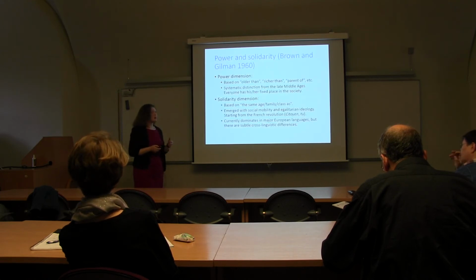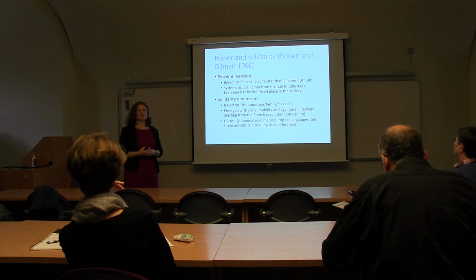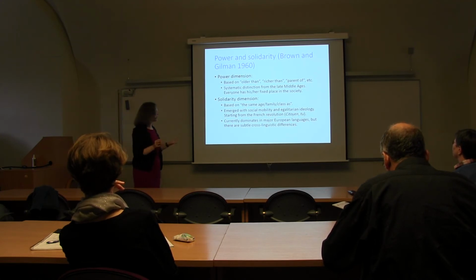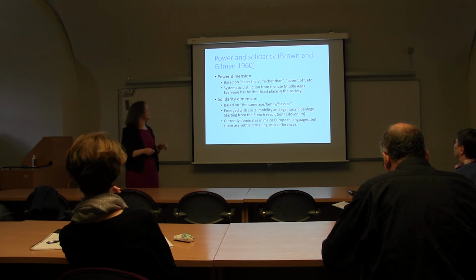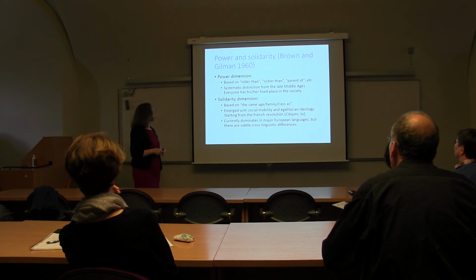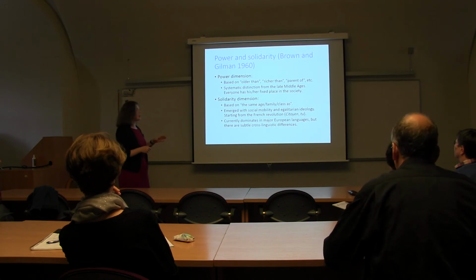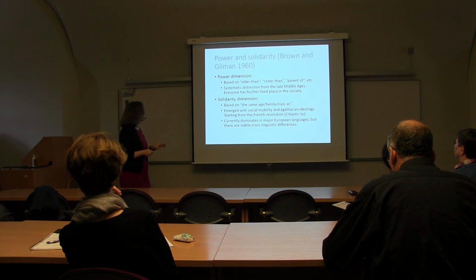Of course, there's been a lot of research on politeness, and I cannot make a comprehensive overview here. So I'll just refer as an example to a very influential paper by Brown and Gilman about power and solidarity in pronouns. They talk about two dimensions of variation: first, the power dimension, and second, the solidarity dimension.